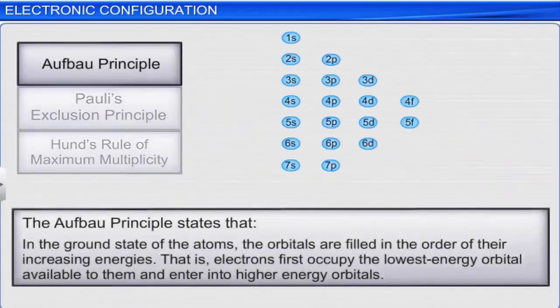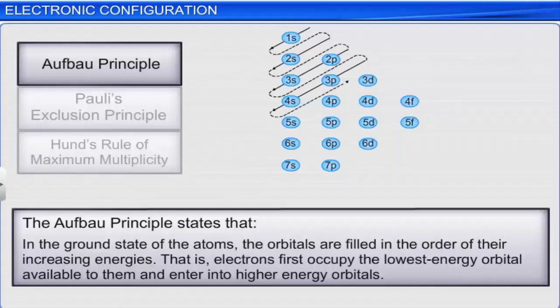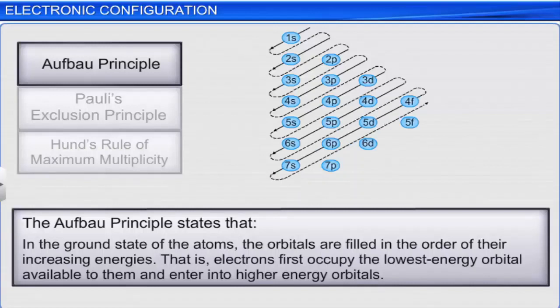First is the Aufbau principle. It states that in the ground state of the atoms, the orbitals are filled in order of their increasing energies. In other words, electrons first occupy the lowest energy orbital and then enter into successive higher energy orbitals.